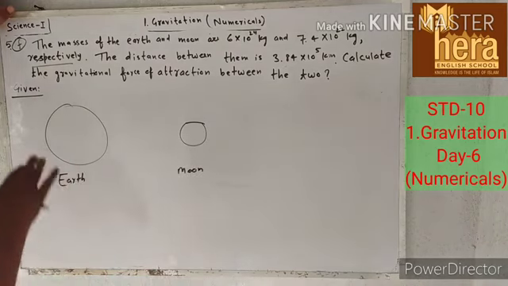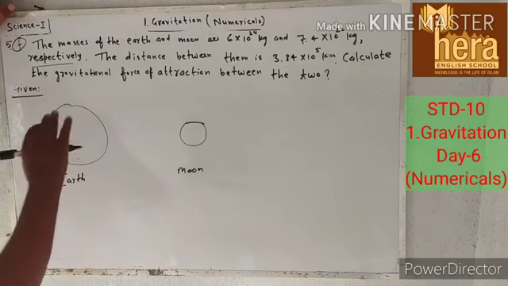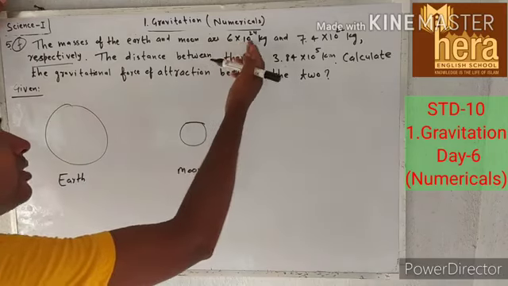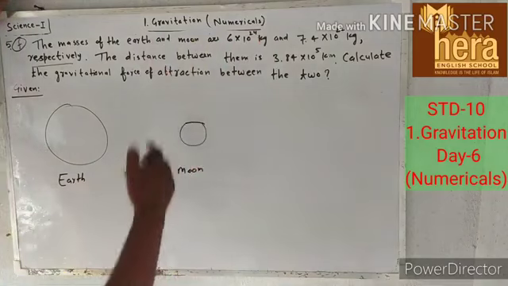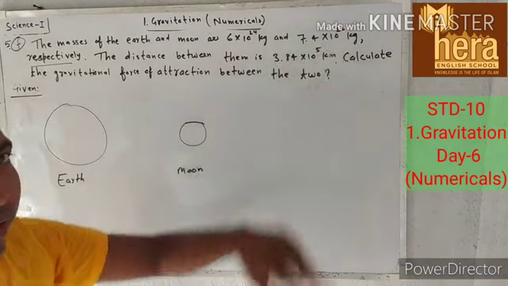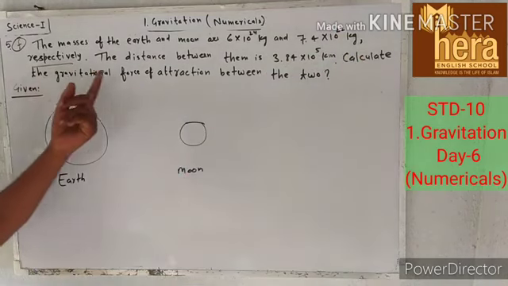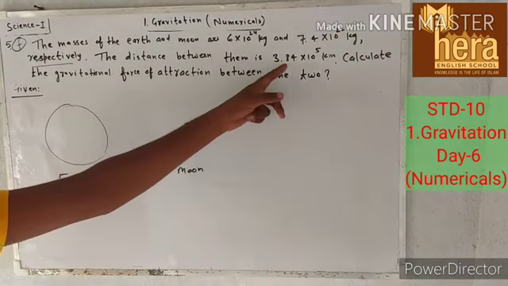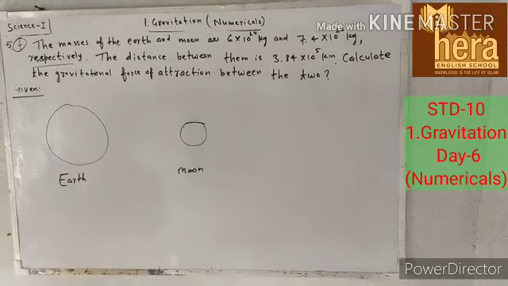Mass of the Earth is 6 into 10 raised to 24 kilogram. Mass of the Moon is 7.4 into 10 raised to 22 kilogram. Distance D is 3.84 into 10 raised to 5 kilometer.